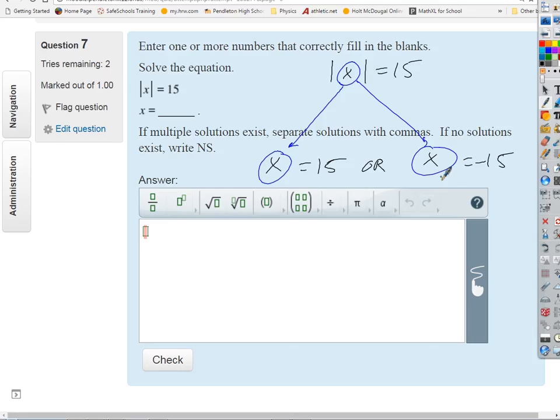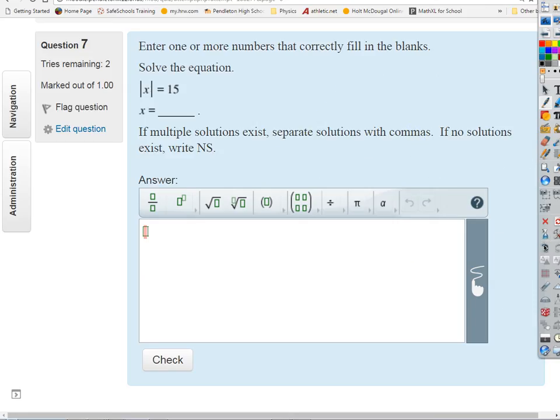This one's already done. The answers are 15 and negative 15. I would just put those numbers separated by a comma, in any order. It doesn't matter which order: 15, comma, negative 15, just like that.